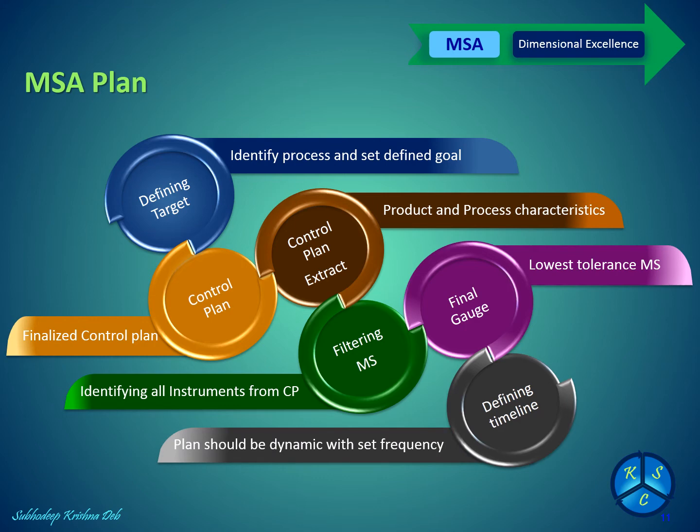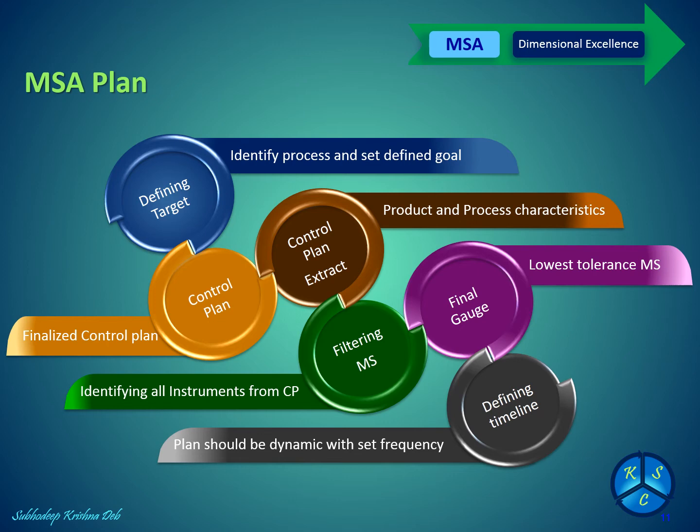After the final selection of the gauges, we need to plan effectively, and the plan should be dynamic. We should set the frequency of MSA. First we perform MSA for some set of gauges, then after some frequency we perform MSA for the second set of gauges.